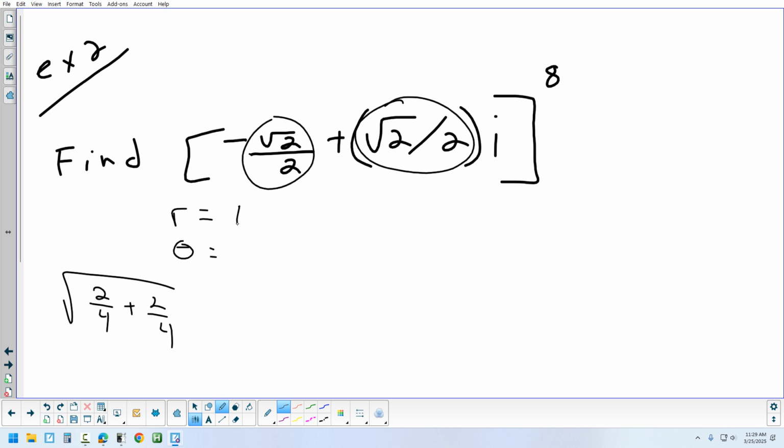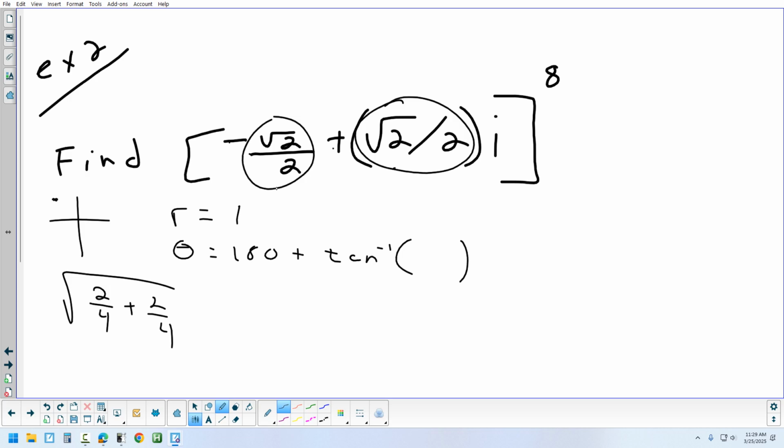And your angle, well, negative, positive. Left, up. Somewhere right about there. 180 plus inverse tangent of square root 2 over square root 2. So when you divide this by this, what would you get? Negative 1.